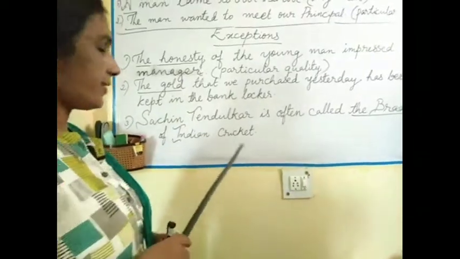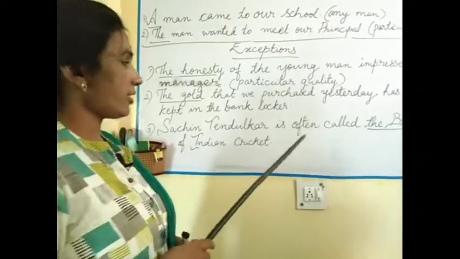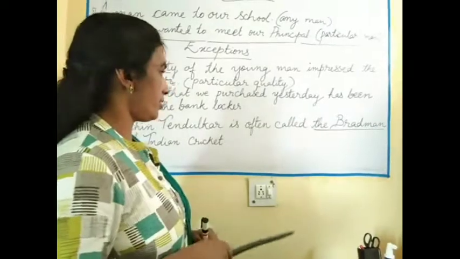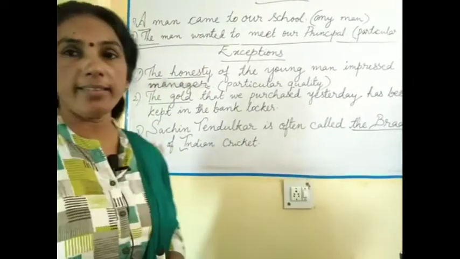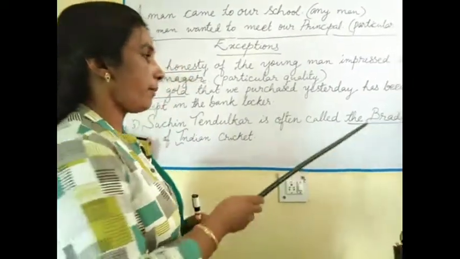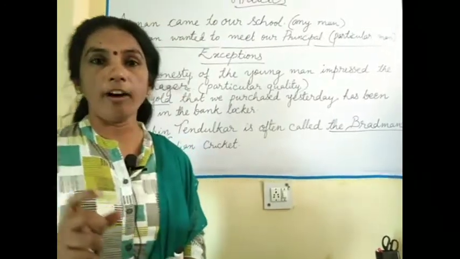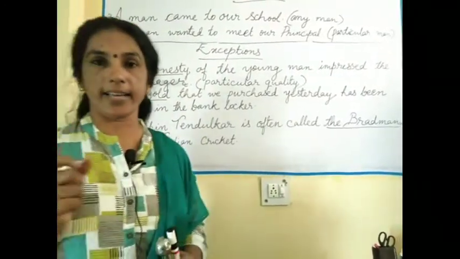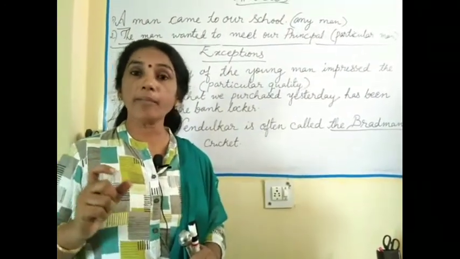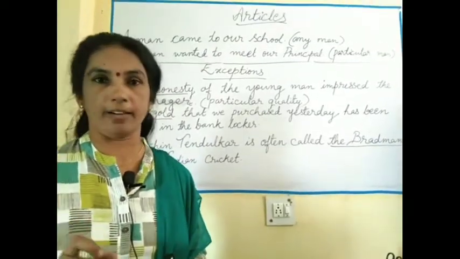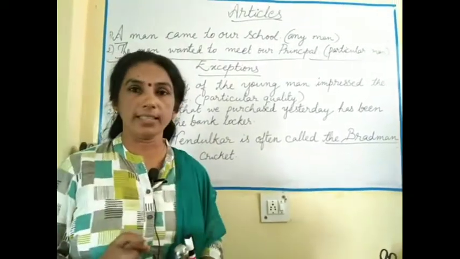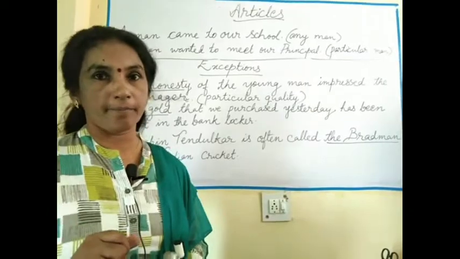And in the last sentence, Sachin Tendulkar is often called the Bradman of Indian cricket. We know Bradman is a famous Australian cricketer, the name of a person, that is a proper noun, but we have used "the" before Bradman. Why?